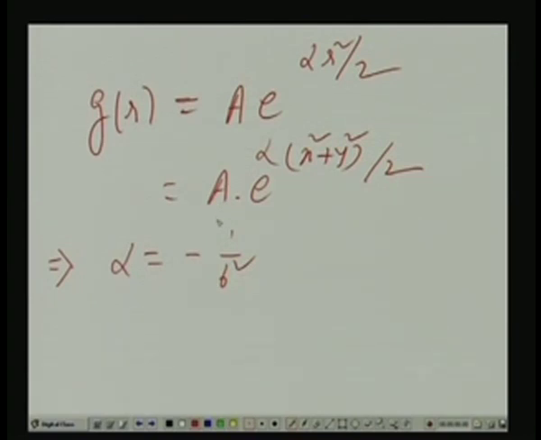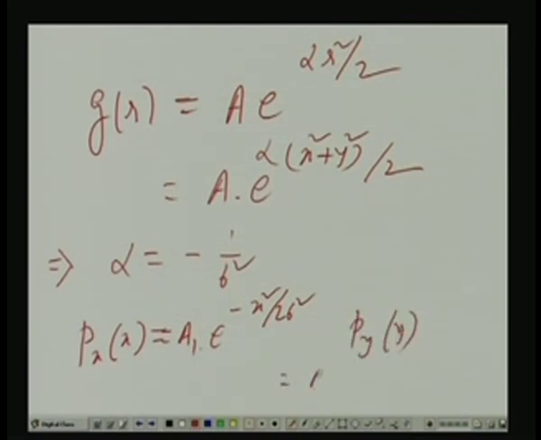Capital A should be such that we have now got p x of x into this constant, say A1, and A1 we know is 1 by root 2 pi sigma. Similarly, p y of y with A2. A1 A2 product should be equal to capital A.